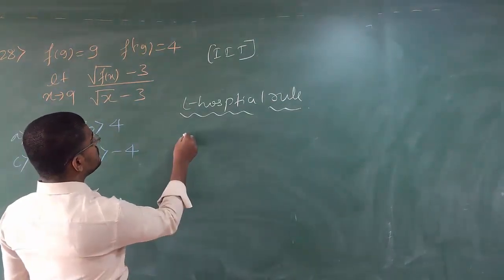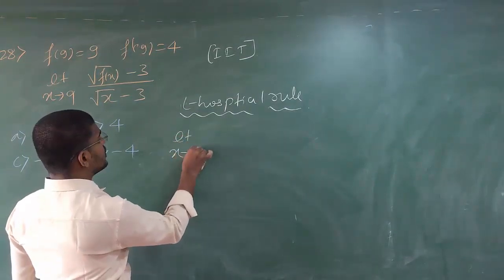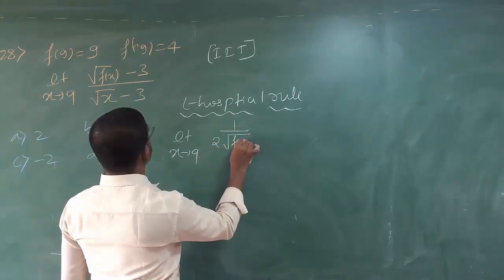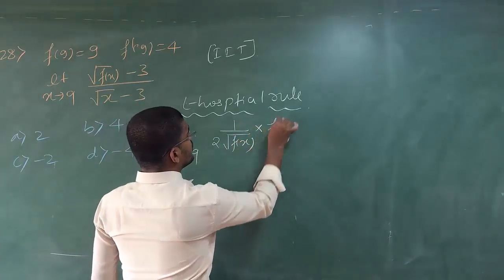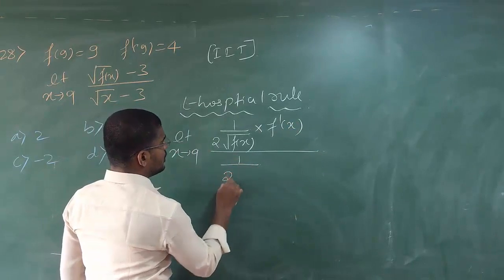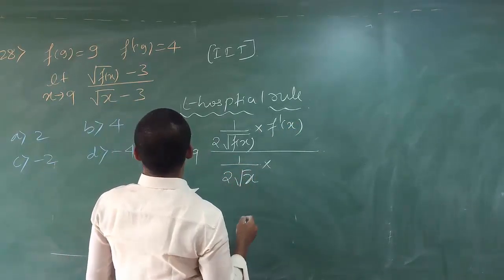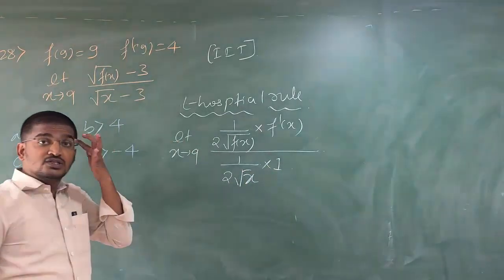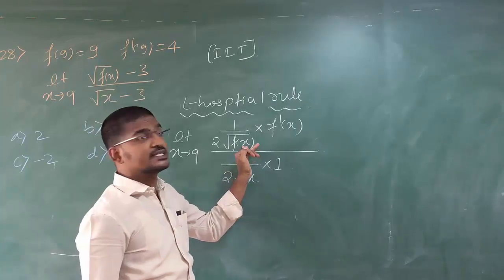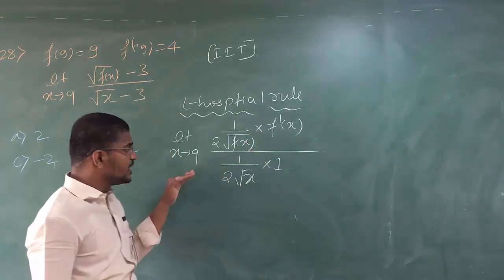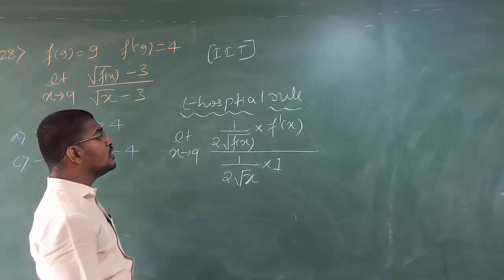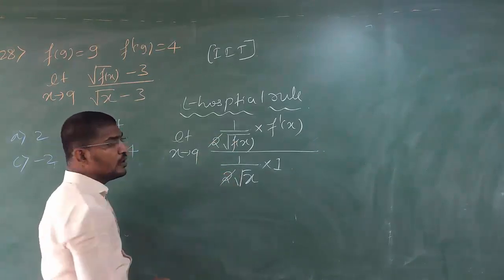That is limit extending to 9, 1 by 2 root f of x into f dash of x divided by, this will be what? 1 by 2 root x into 1. Clear? So from chain rule, if I differentiate this, you are going to get 1 by 2 root of f of x into f dash of x divided by 1 by 2 root of x into 1, by differentiation by chain rule. Don't write each and every step. Cancel 2 and 2. Clear?